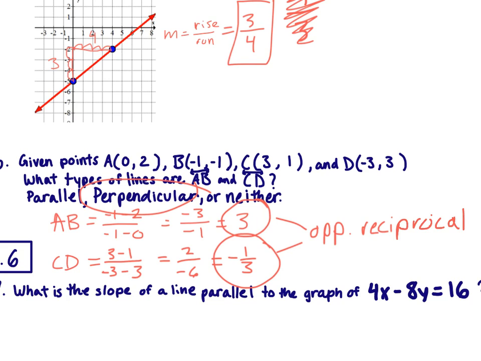So when you have two that are opposite reciprocals, they are perpendicular. If we multiplied these two slopes together, 3 times negative 1 over 3, what do we get? Negative 1. Remember when we said if we multiply the two slopes and we get negative 1, then they are perpendicular.